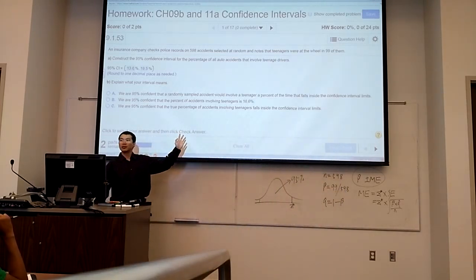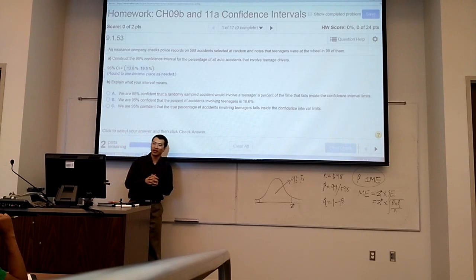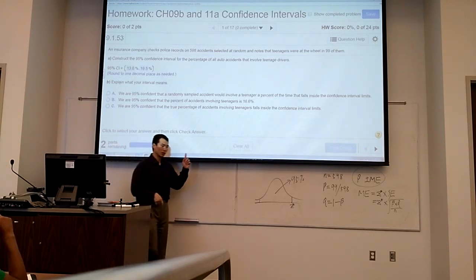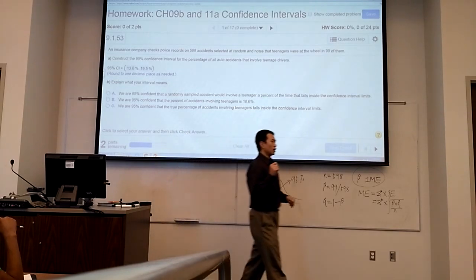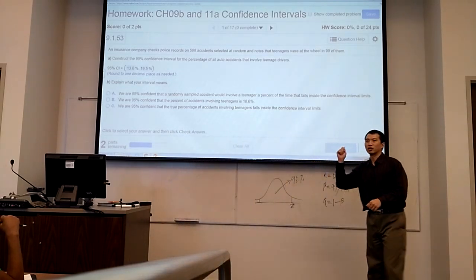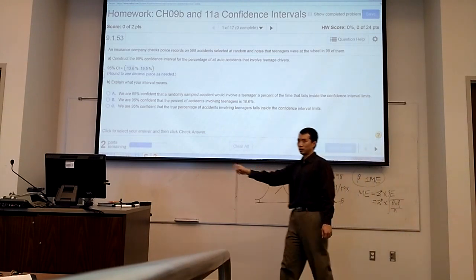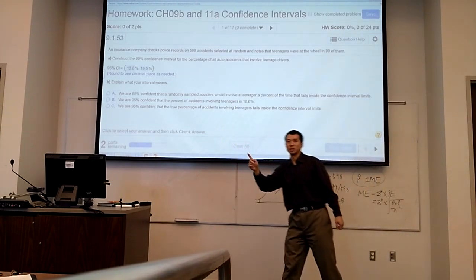Any other questions? So question part B, explain what your interval means. That is related with the definition of the confidence interval. When we describe the confidence interval, there's only one way to describe it.